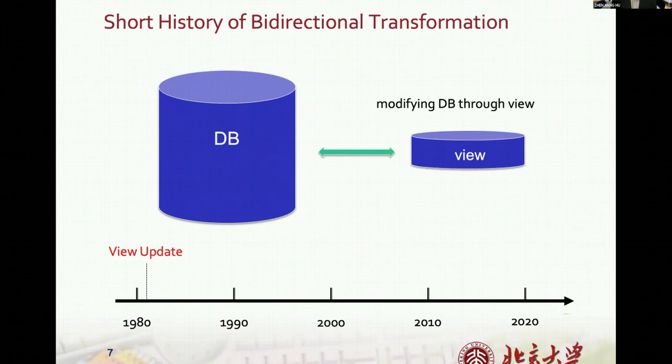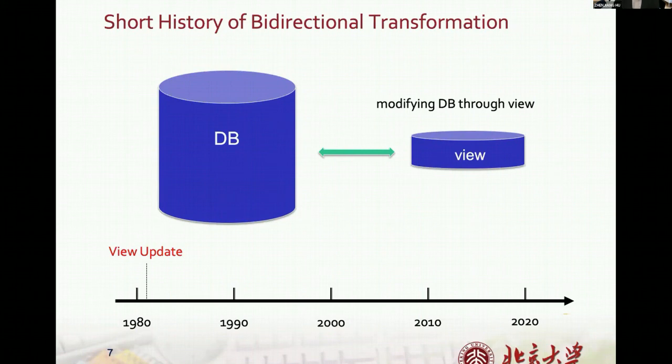That means you extract a view which contains the data you want to modify. And then you do the modification over this view. And finally, you have a mechanism to reflect back the change over the view to the change over the database. So this is called the view updating problem. It means I update the big database through the update over the view.